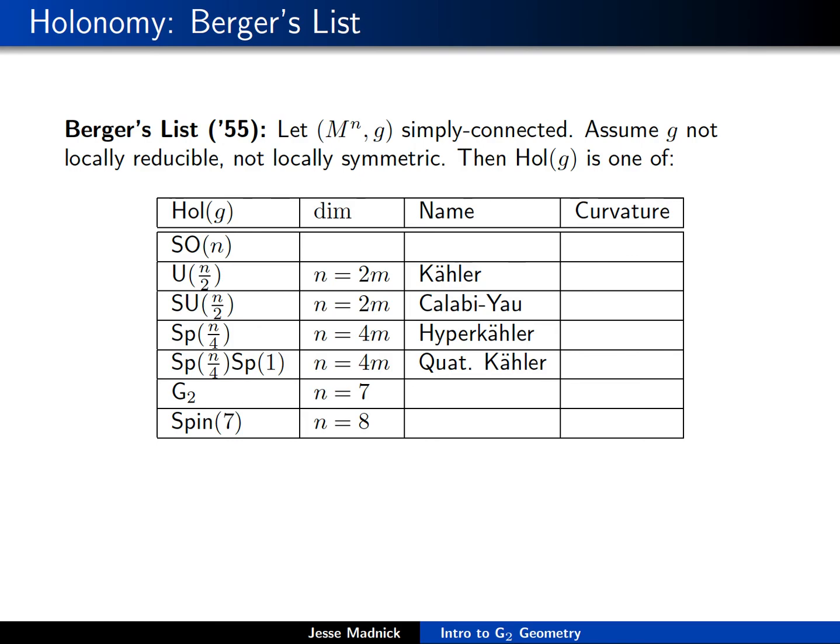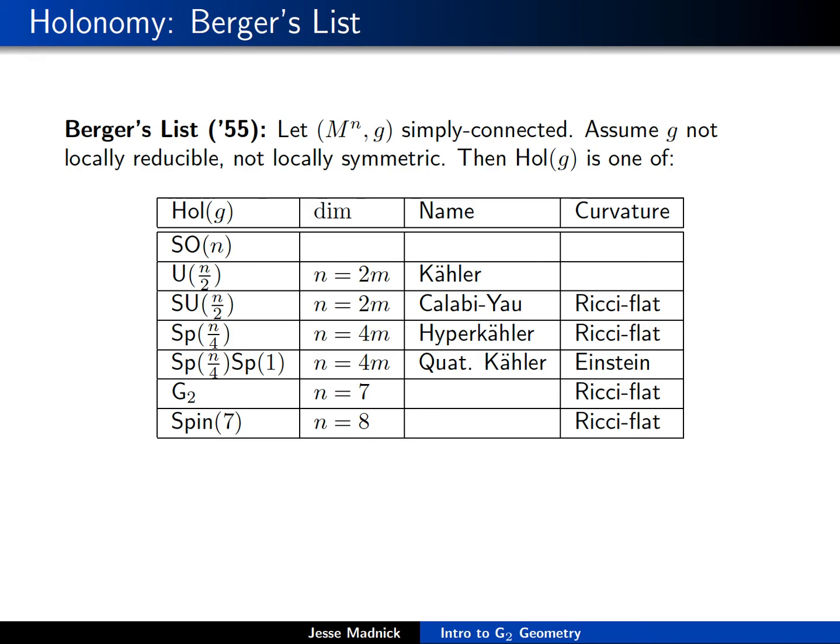And as we mentioned earlier, the holonomy group is tied up with the curvature. And so the smaller the holonomy group is, the more constraints there are on the curvature. And it's a very beautiful fact that most of these holonomy groups are related to the Ricci curvature. So many of these metrics are Ricci flat. In fact, these are the only known examples.